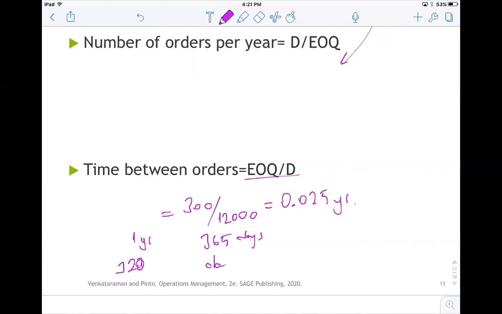Given that this is their timeline, since their time between orders is 0.025 year and their year is 320 days, just to convert this into days, we will multiply these two together.